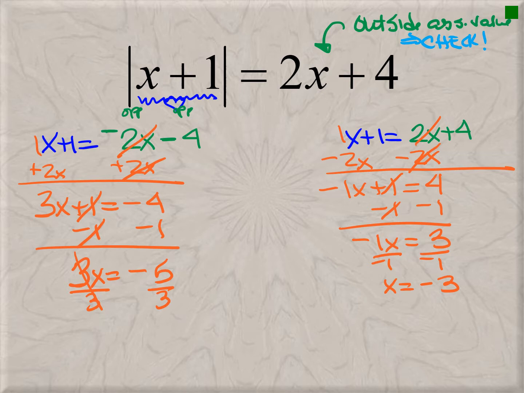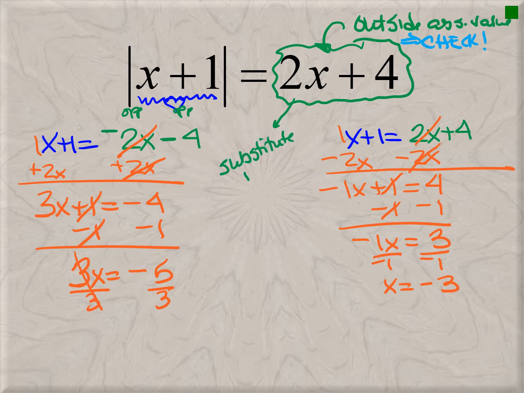So x is going to equal negative 3. Now, the check is not going to be your favorite part. What you do for the check is you go to the stuff that was outside and you're going to substitute in the number for x. That's what checks are.